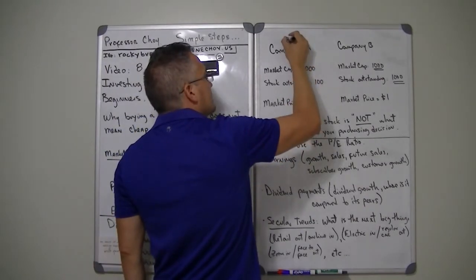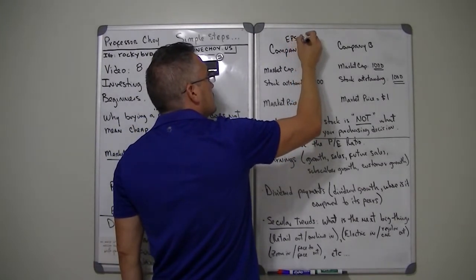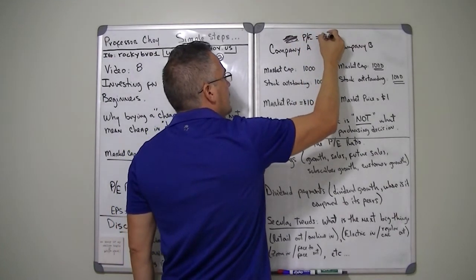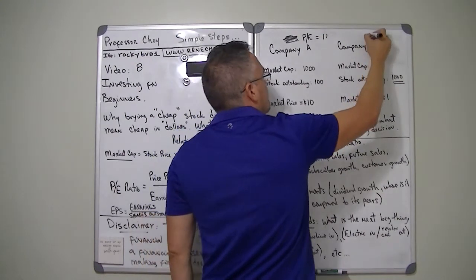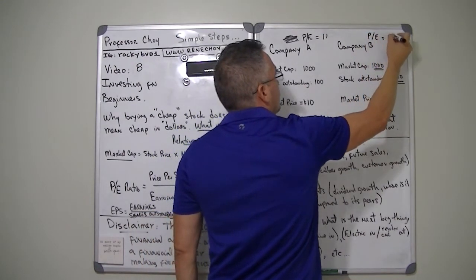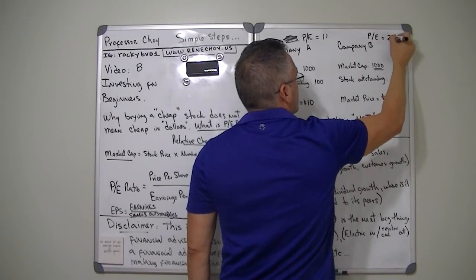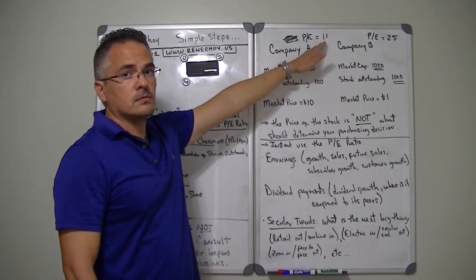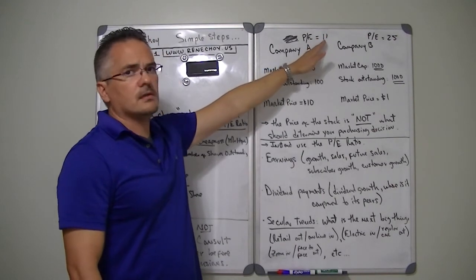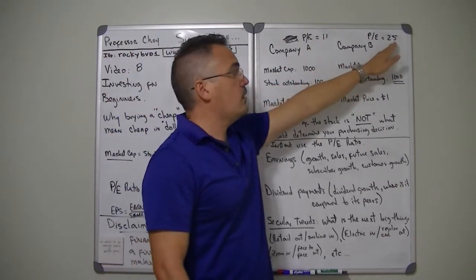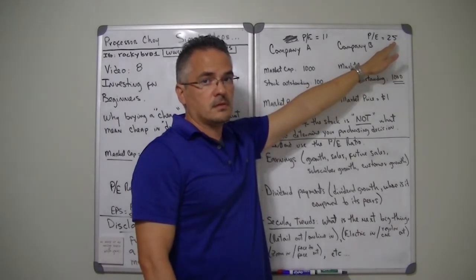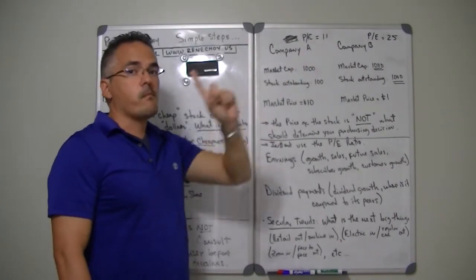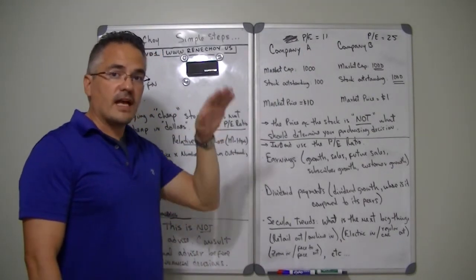So if this one has an earnings per share, if this has a PE ratio of say 11, while this one has a PE ratio of say 25, then the company with a lower PE ratio is relatively cheaper compared to that one in the same field, and therefore a relatively better value for you to buy, assuming earnings are either flat or increasing.